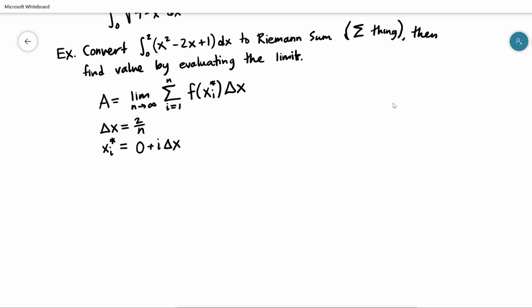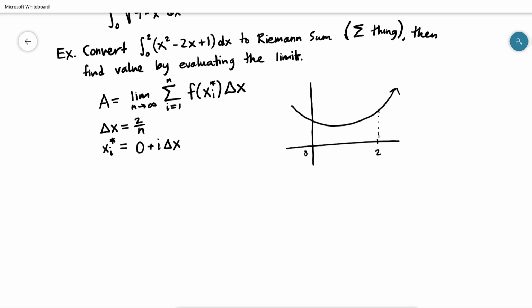So where did I come up with this? Let me draw our picture over here. This thing is a quadratic. Hypothetically, let's pretend I have no idea what it looks like. We can graph it in a little bit, but who cares? Something like this. And I'm interested in going from 0 up to some point over here, 2. So it looks something like this, whatever.